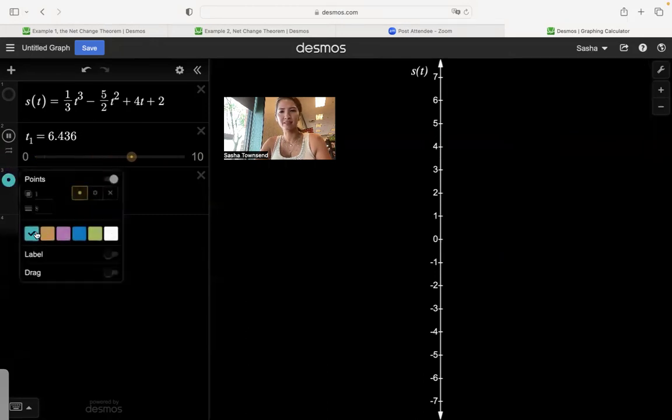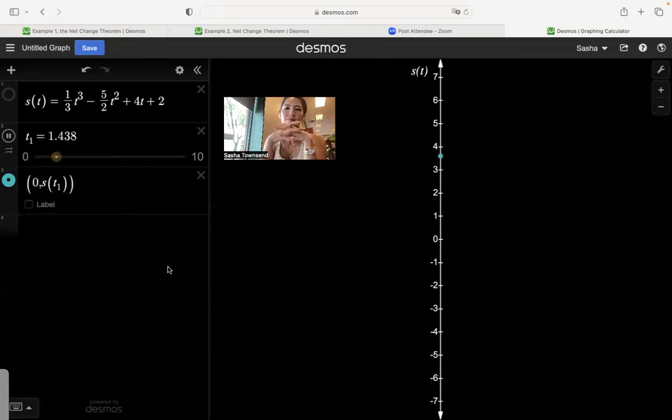It would look prettier if it was in color. Max of 4, min of negative 2/3, and then it goes on to infinity.